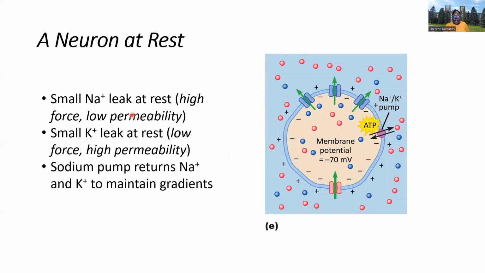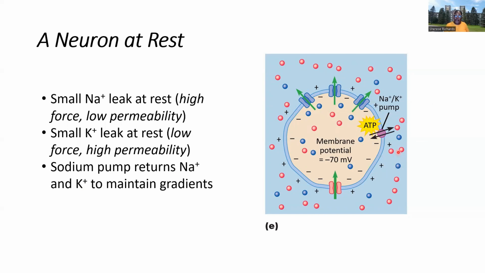So again, just reiterating this, we've got small sodium leaking at rest because it has a higher or stronger force, but a lower or weaker permeability. And then the potassium is the opposite. It has a lower or weaker force and then a higher permeability. All right. And then the sodium potassium pump is returning the ions. That's really important.